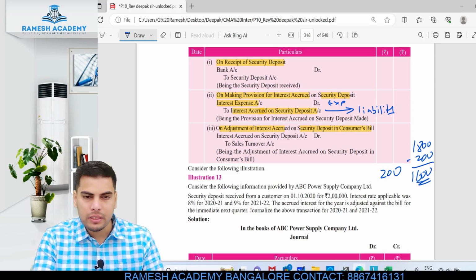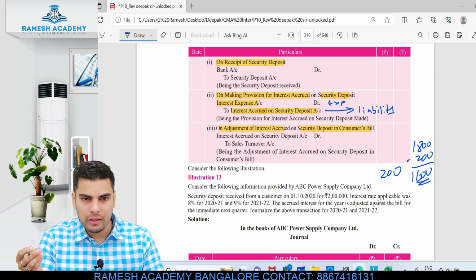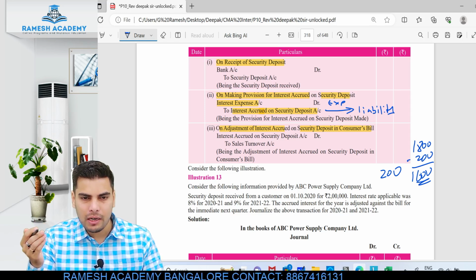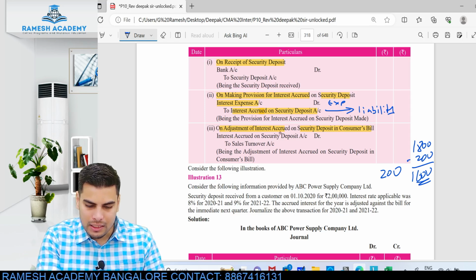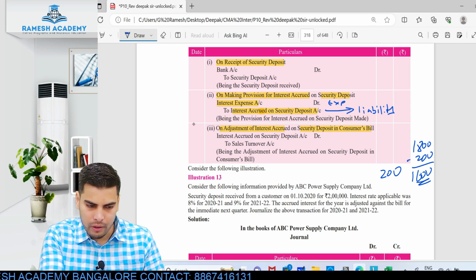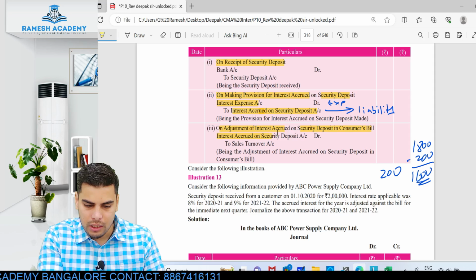When this outstanding amount is literally paid in cash, it would be interest payable account debtor to cash or bank account. But here, we'll be adjusting it from this particular turnover. So interest accrued on security deposit account debtor to sales turnover, being adjustment of interest on security deposit in the consumer's bill.